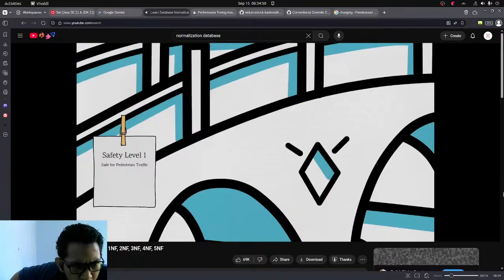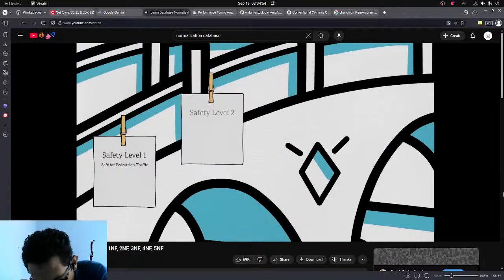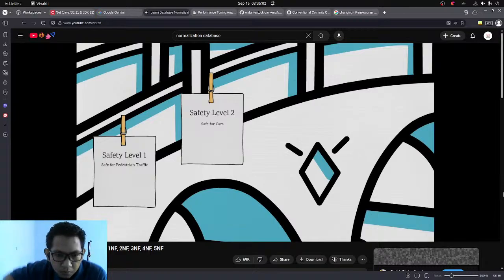To answer that question, we need the engineer to perform an even stricter assessment of the bridge. Let's imagine that the engineer goes ahead and does the stricter assessment, and again, the bridge passes, achieving safety level 2, safe for cars. If even this doesn't satisfy us, we might ask the engineer to assess the bridge for safety level 3, safe for trucks, and so on.